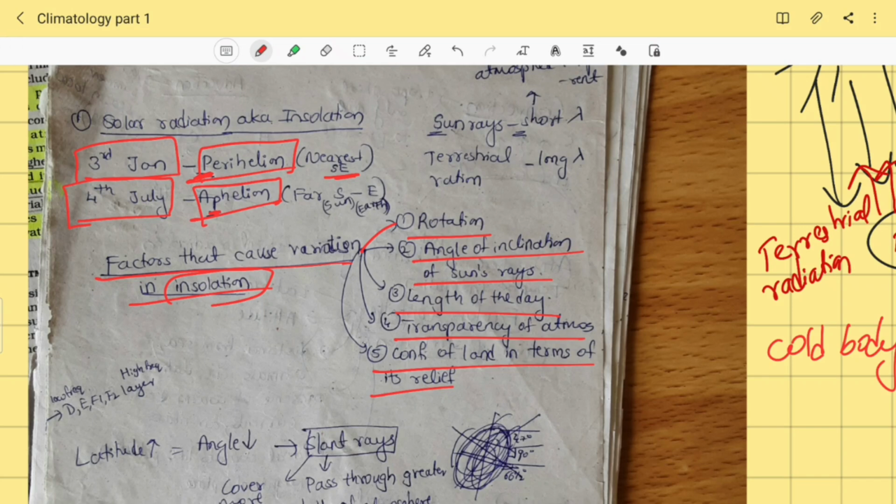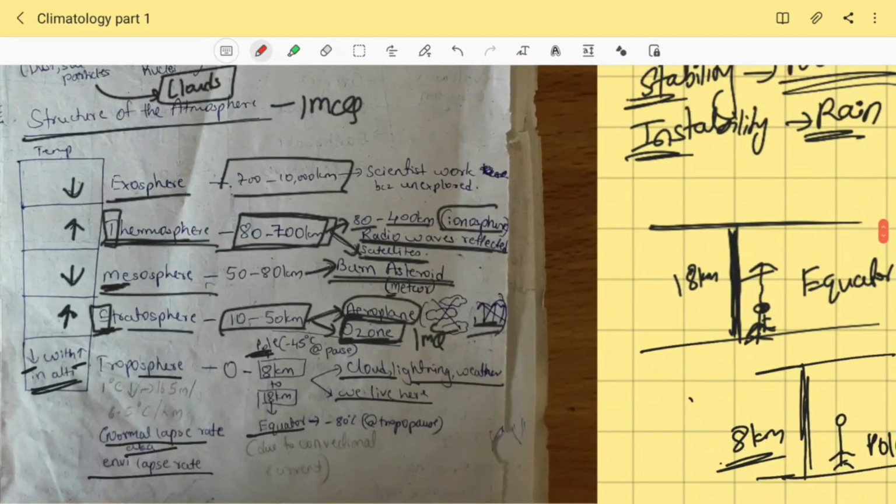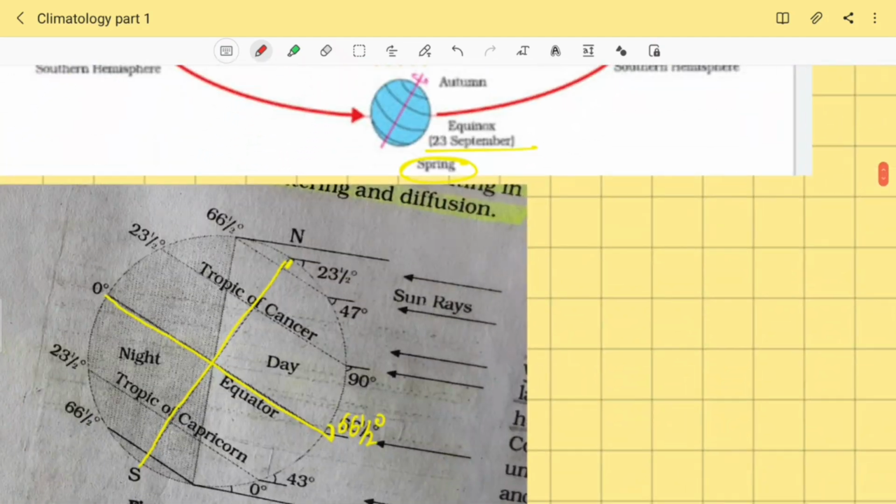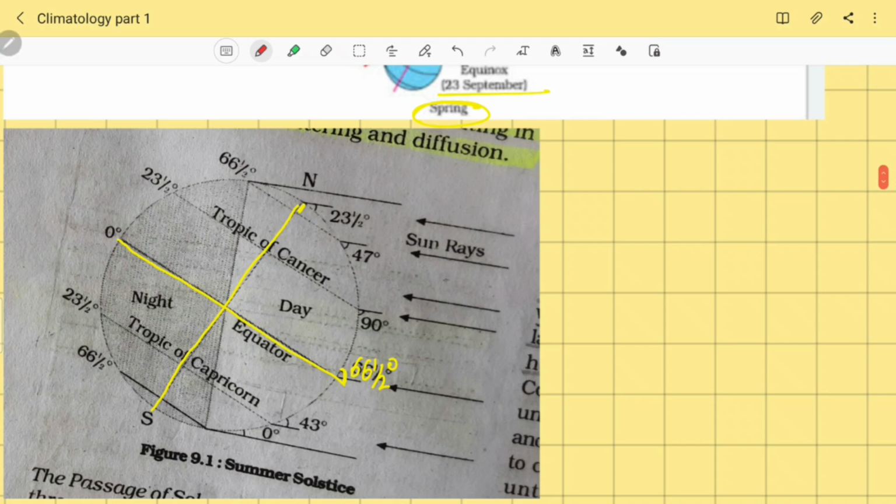We know the fact that Earth's axis makes an angle of 66.5 degree with the plane of its orbit around the sun and has a greater influence on the amount of insolation received at different latitudes. See here, we saw it already. Earth's axis, this line, makes an angle of 66.5 degree with the plane of its orbit round the sun.